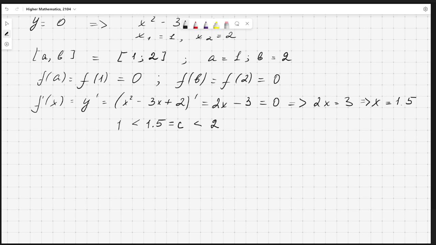Next. The example 5. The function f of x is 4x cubed plus x squared minus 4x minus 1 has roots 1 and minus 1.